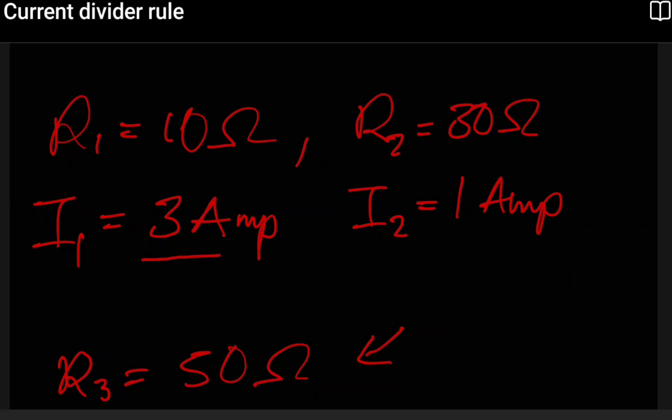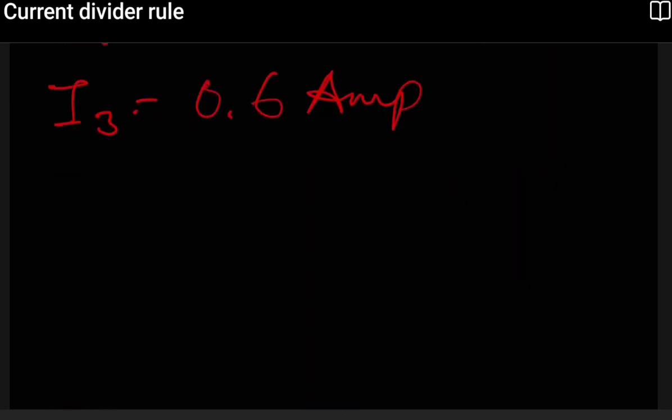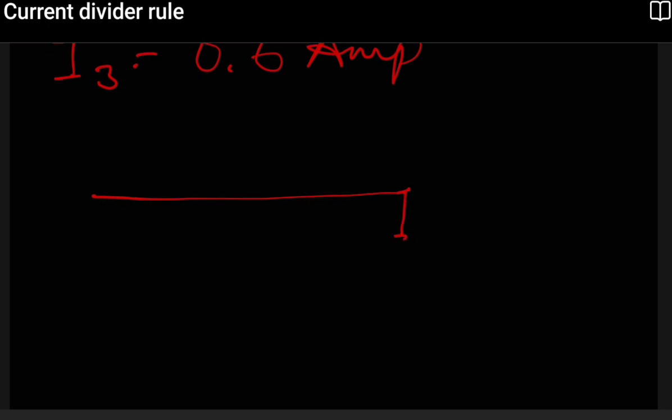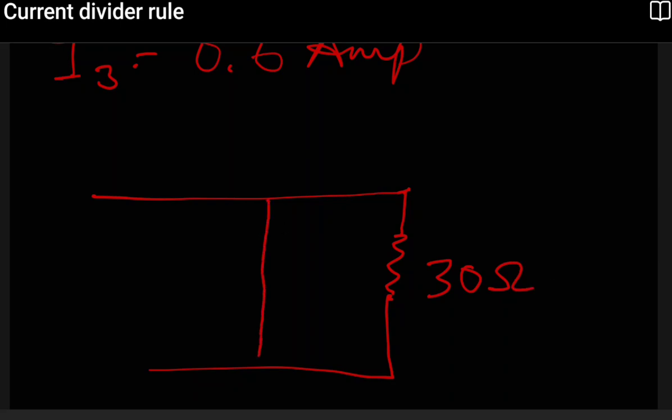So it's one thing that you just want to keep in your mind. More current will pass in a route that is easier to pass. So if you had, let's say, a line like this, where somewhere here you have a resistor, let's say a 30 ohm resistor, and then on this side you have nothing, and then you have your power source here.